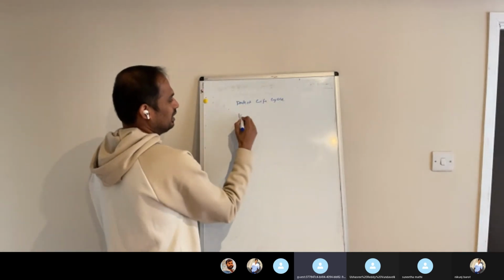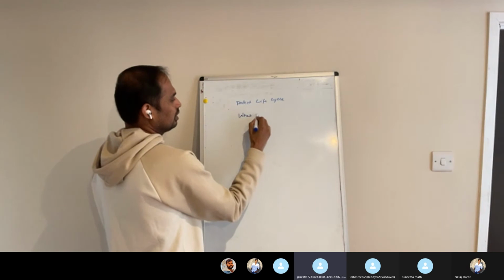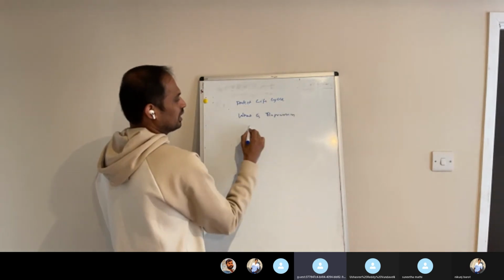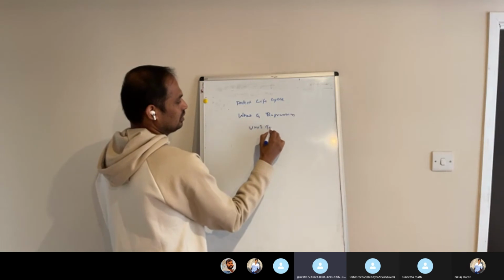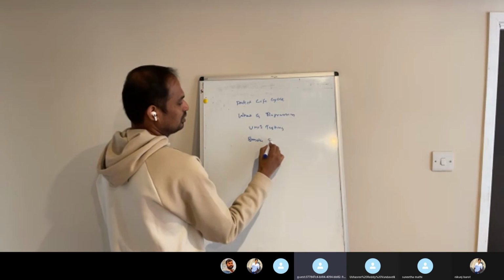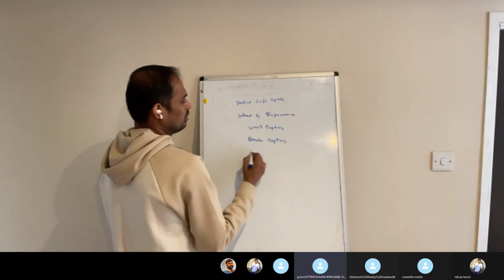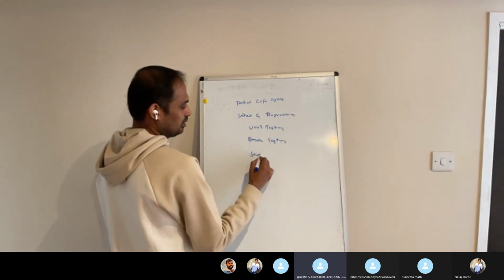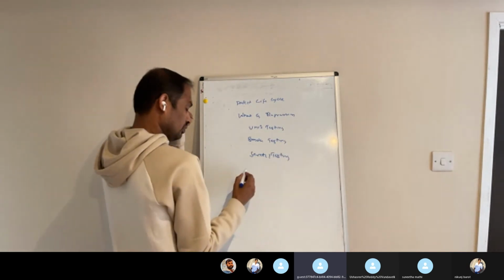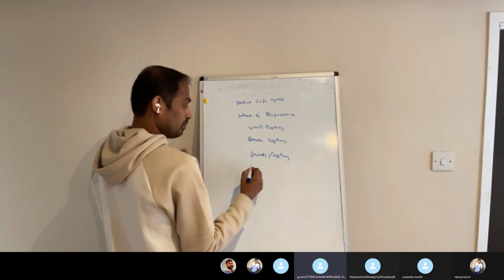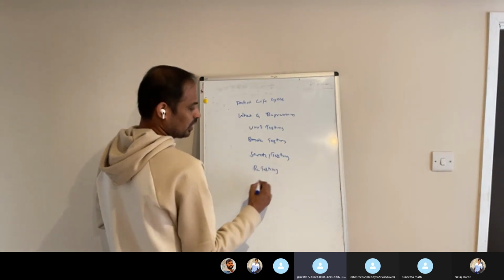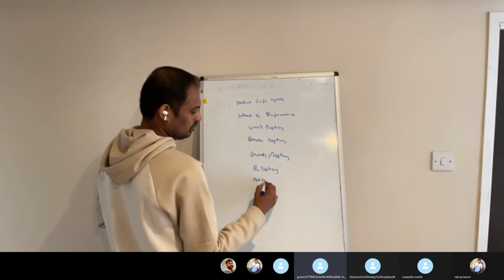Then, what is meant by regression testing? What is meant by unit testing? What is meant by smoke testing? What is meant by sanity testing? What is meant by retesting? What is meant by ad hoc testing?